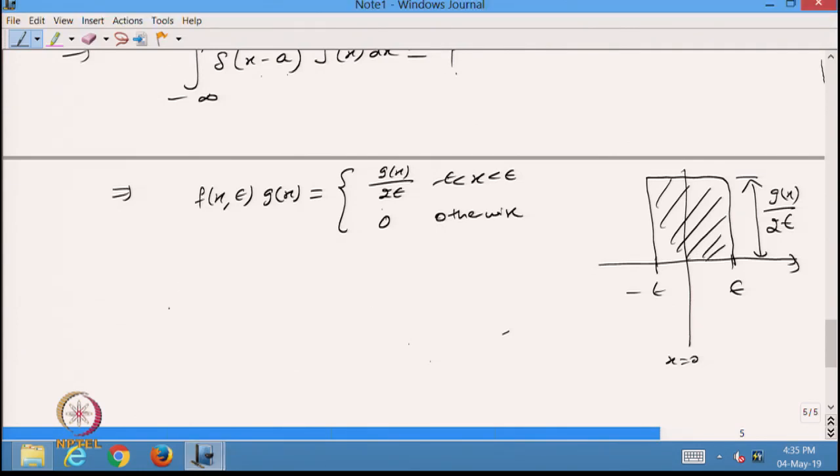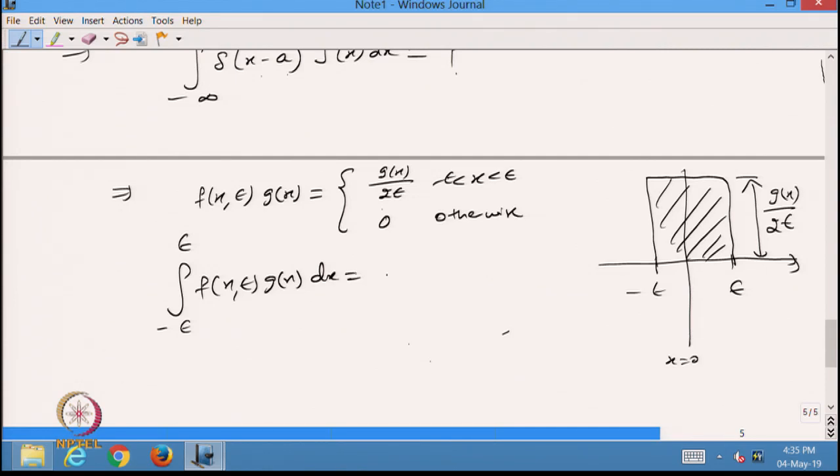So, I want to find out what will be the value if I take the integral from minus epsilon to epsilon of f(x, epsilon) g(x) dx.